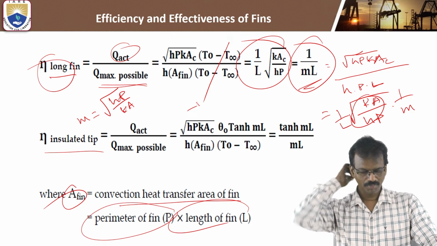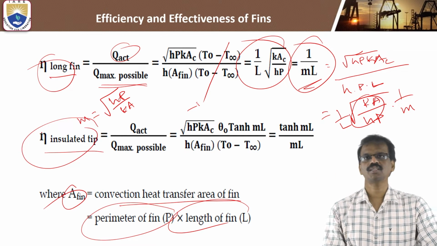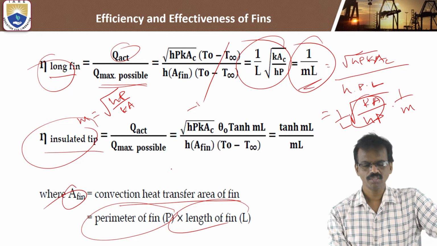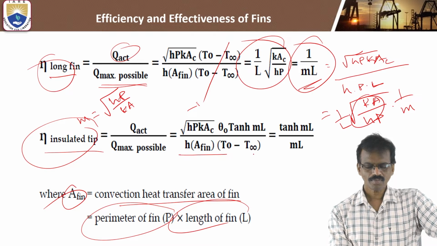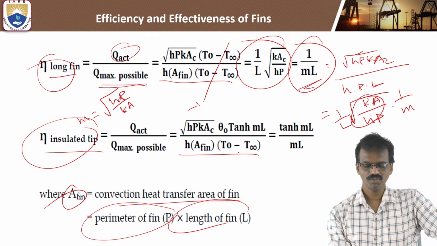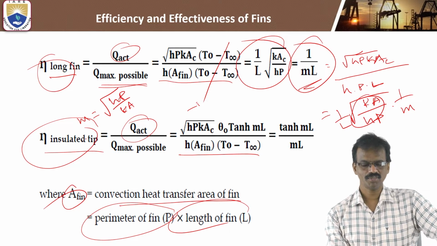Similarly, we can write the efficiency of the insulated tip. Insulated tip: Q actual by maximum possible heat transfer. Maximum possible, here also same: h A fin into (T naught minus T infinity). Q actual you already derived in previous slides.